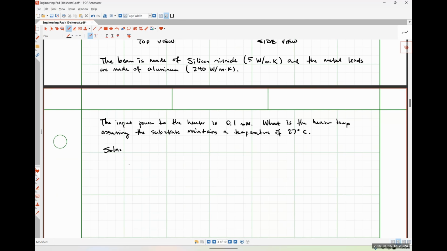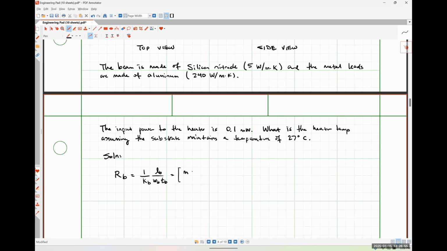So for our beam, let's do that one first. The thermal resistance of the beam. So that is 1 over K for the beam times the length of the beam over the cross-sectional area of the beam, which would be the width times the thickness. So that's fairly straightforward, right? So 1 over K is going to be a meter Kelvin per 5 watts. So literally just the reciprocal of that guy right there.